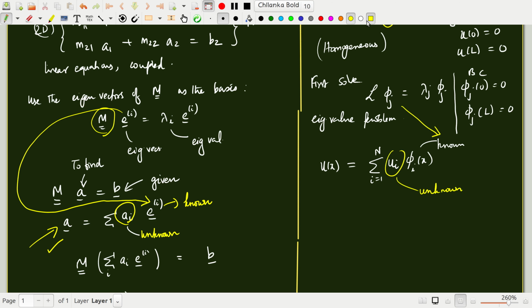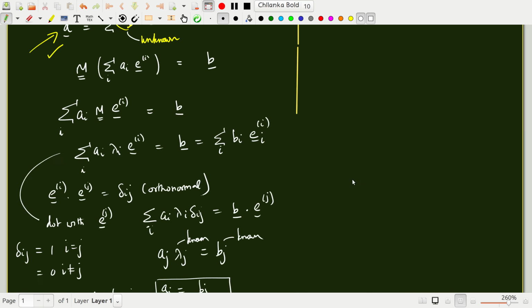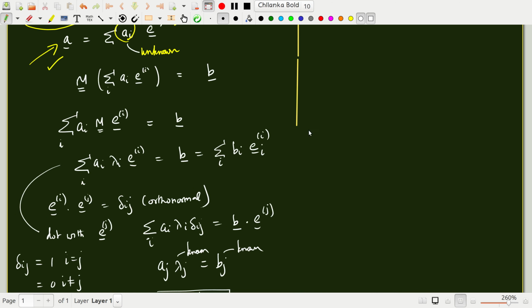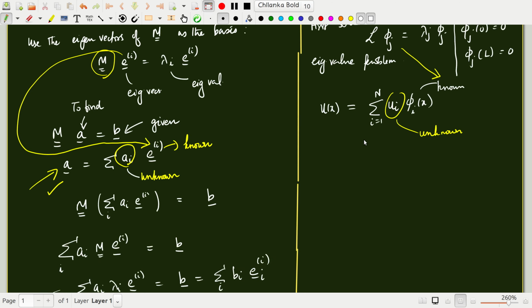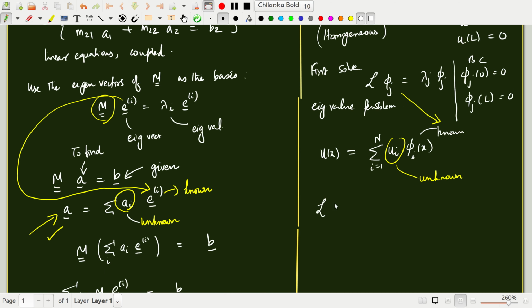Now what I will do is substitute this back into the problem L u is equal to f. Instead of u, I am going to substitute the sum from 1 to n of ui phi i, which is equal to f of x.